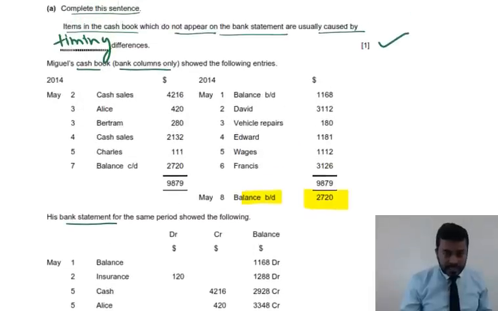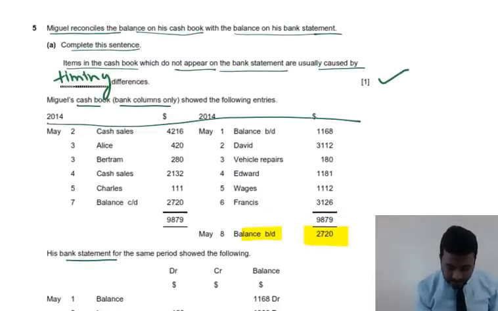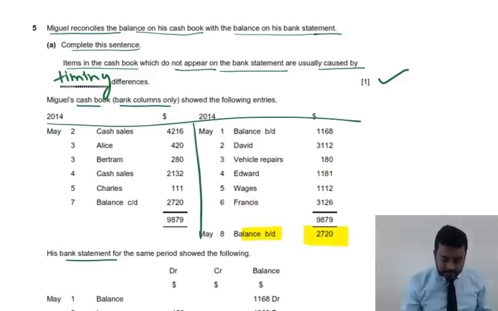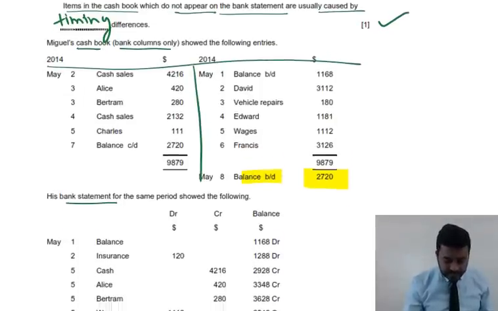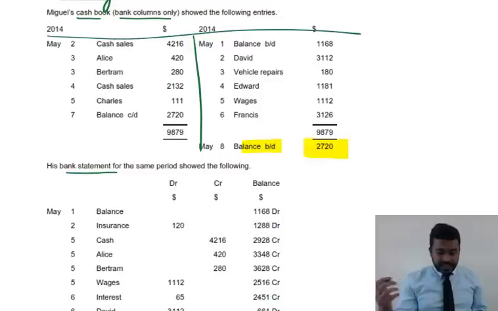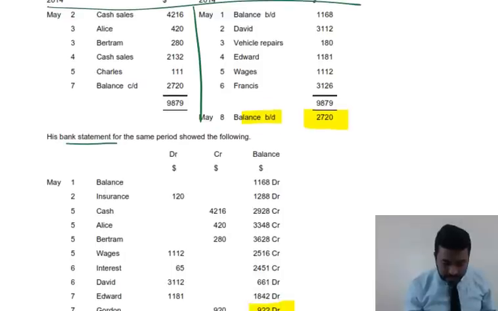All right, let's analyze the cash book first. This is basically a T account from the cash book bank column, with debit and credit items given. We will follow our tick approach and update the cash book first, then the bank reconciliation statement. Let's start with the balances.